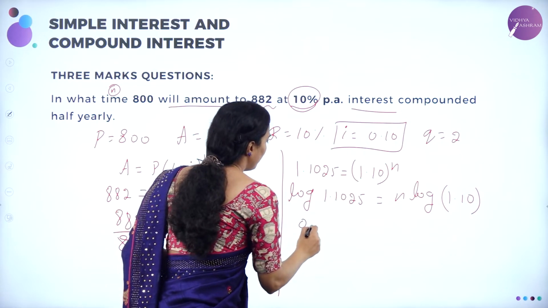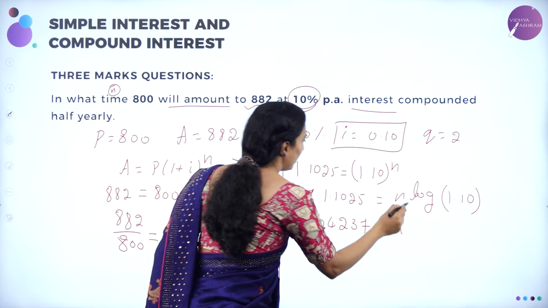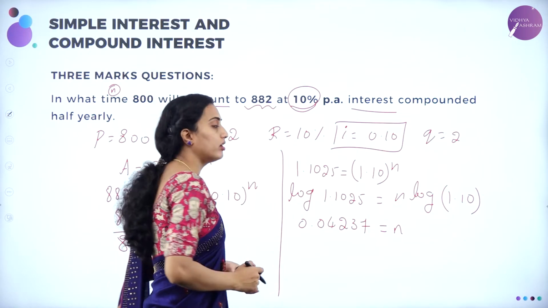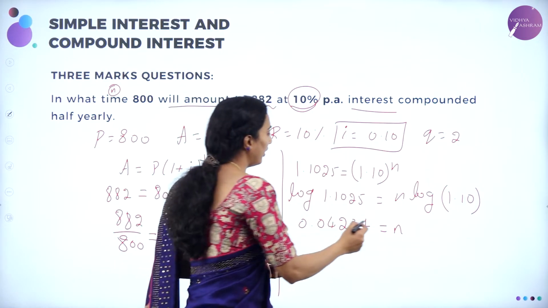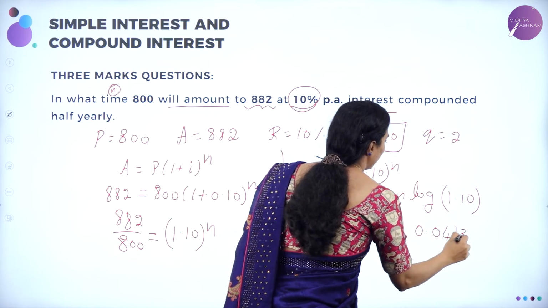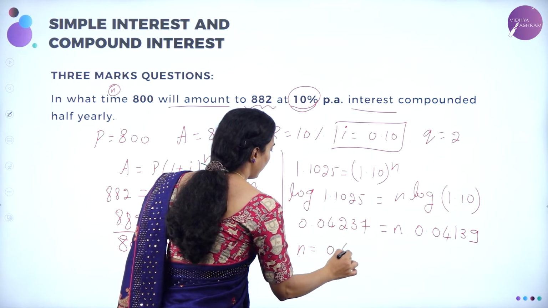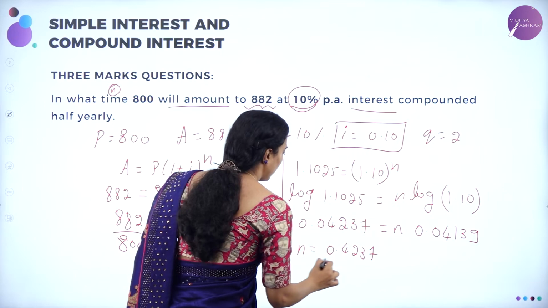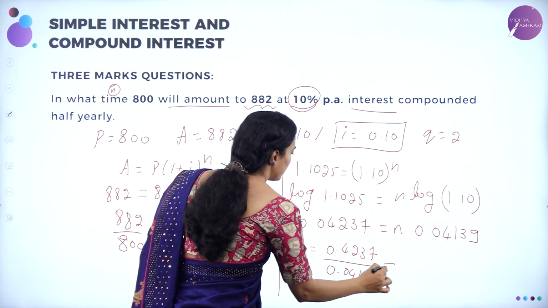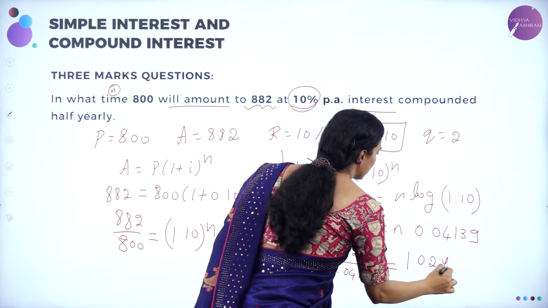This is 0.04237 is equal to n log 1.10, whose value is 0.04139. Therefore, n will be equal to 0.04237 divided by 0.04139, which will be equal to 1.02 years.